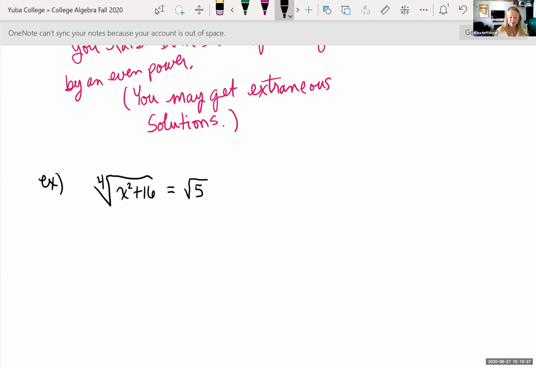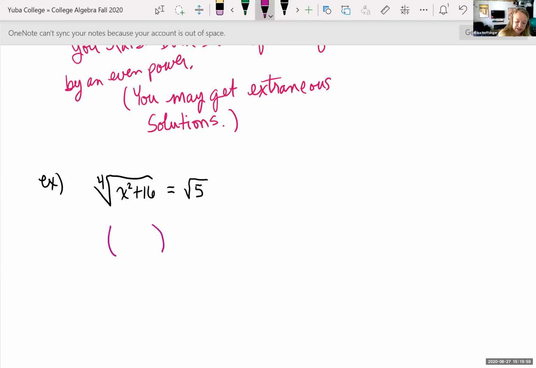Okay, so we actually have two radicals, and I notice the indexes are not the same. And we need to solve for x. So we want to clear that radical. And this is where I was saying that sometimes it's helpful to rewrite this.